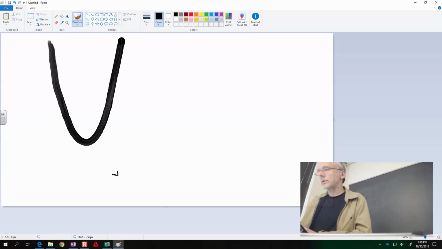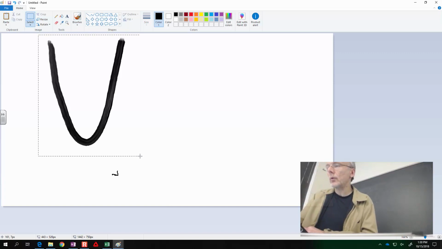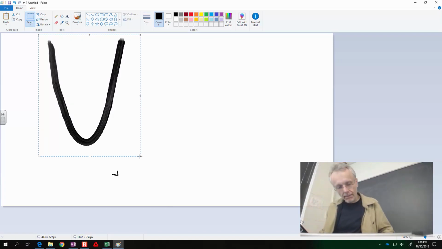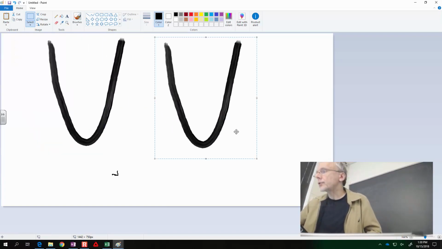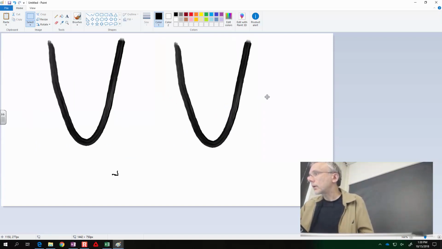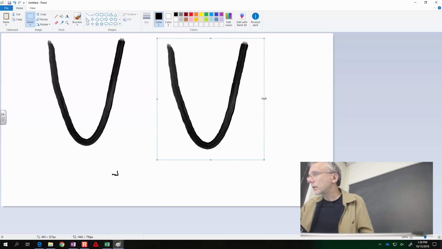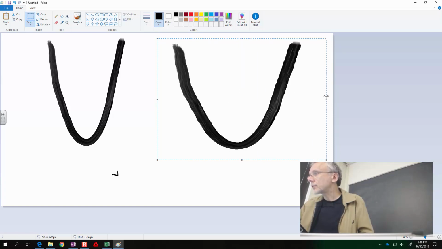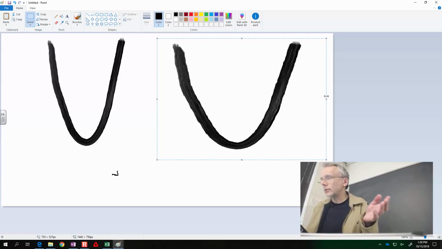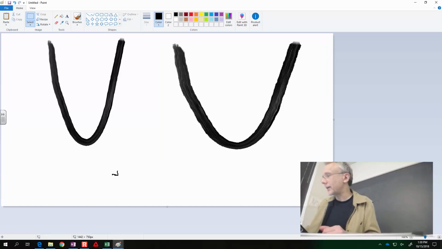So I'll stretch horizontally first. Then I take the same thing, and now I shrink vertically.